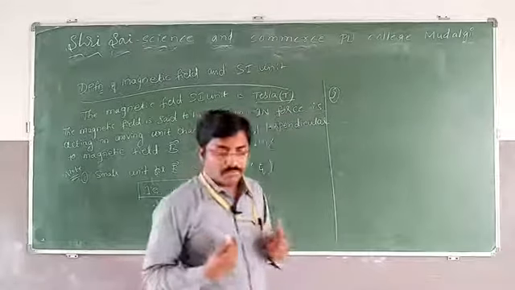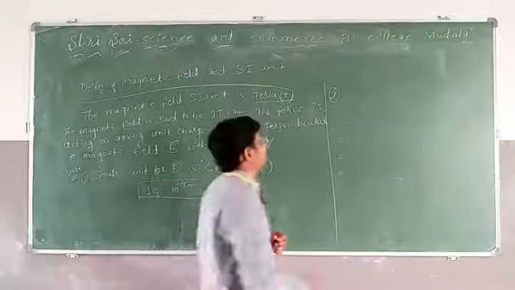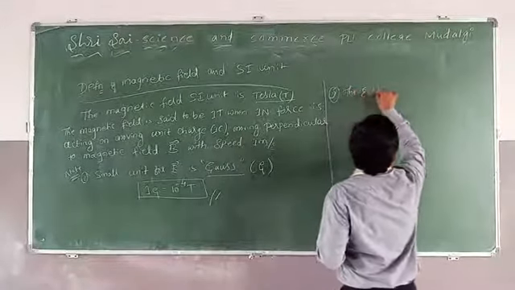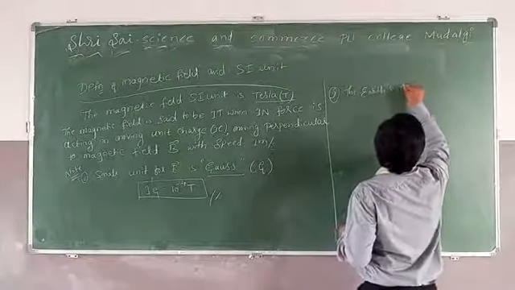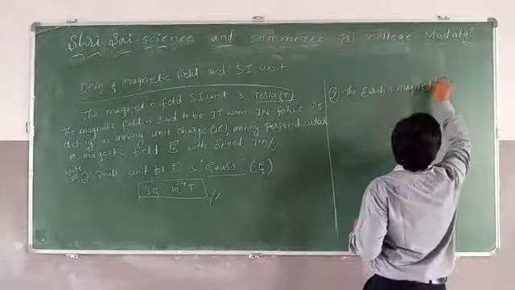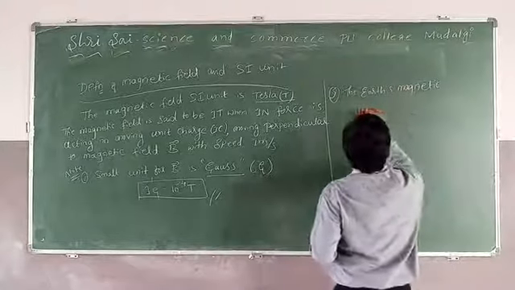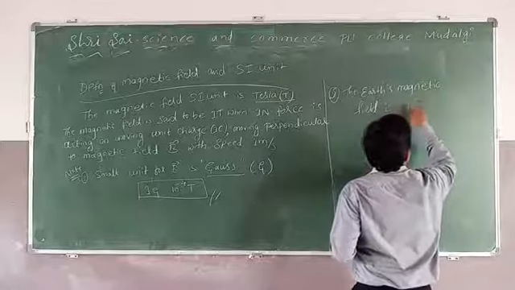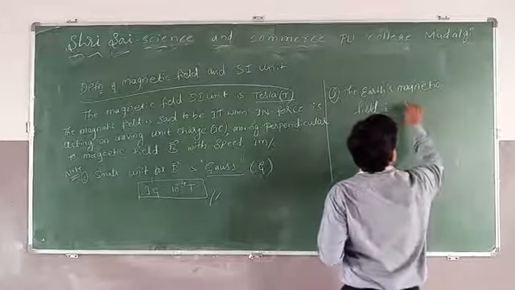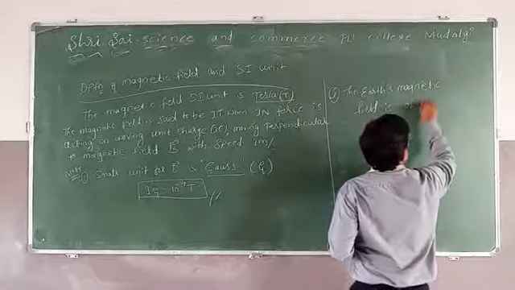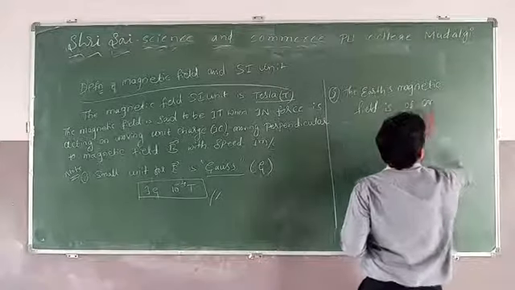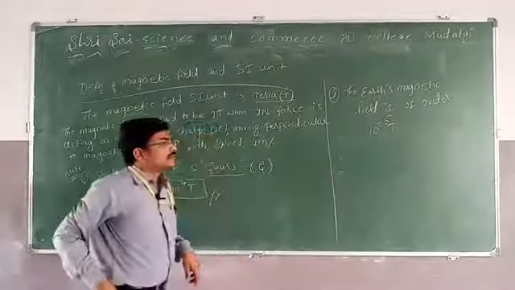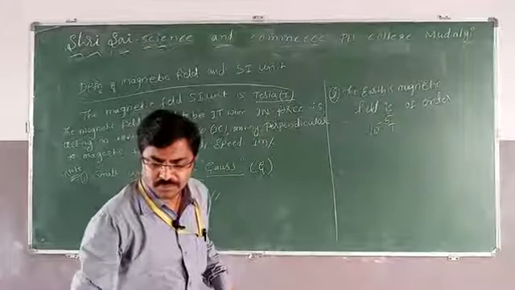The Earth's magnetic field is of the order of 10 raised to minus 5 Tesla. See how small, it is not even 1 Tesla.